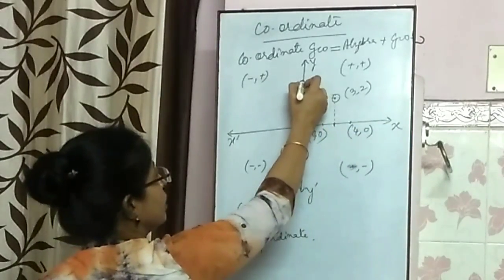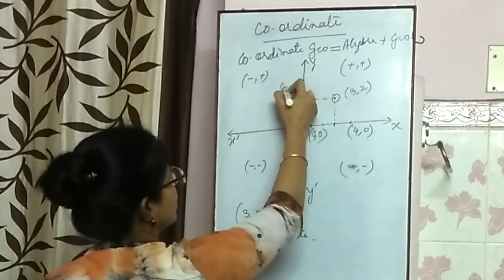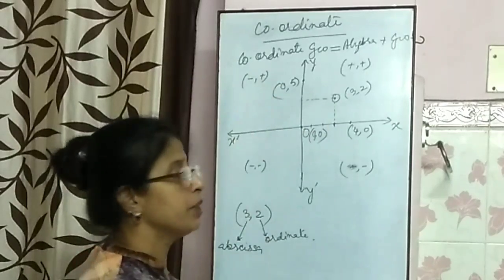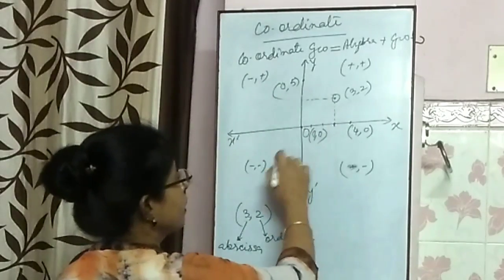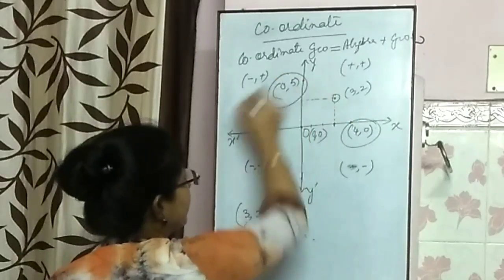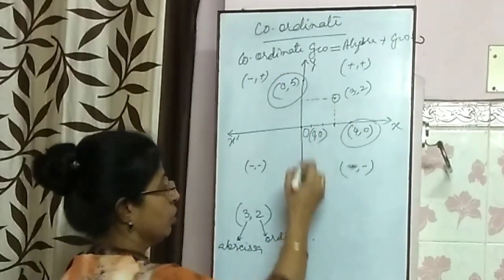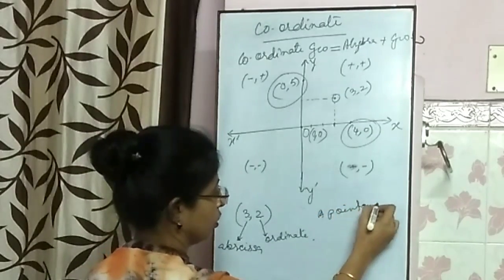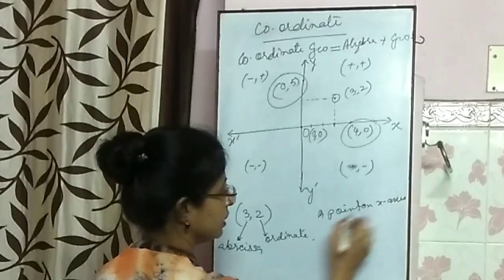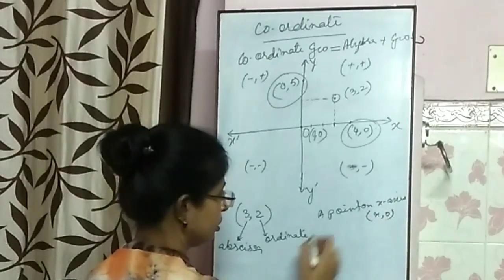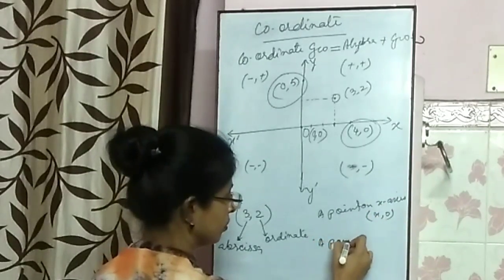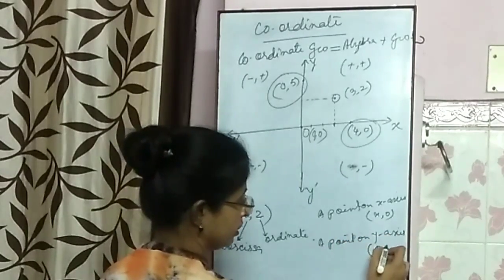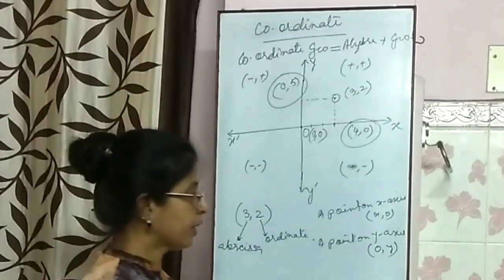And if you place any point on the y-axis, then all the values of x will be 0. That means commonly a point on the x-axis can be written as x, 0 and a point on the y-axis can be written as 0, y.